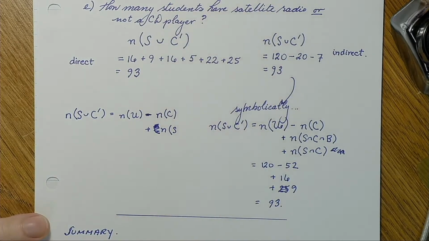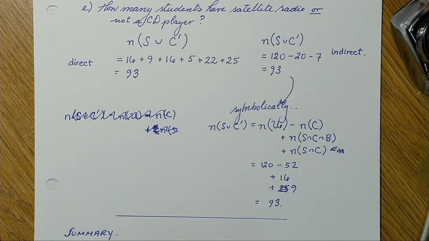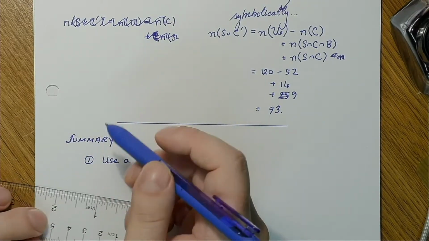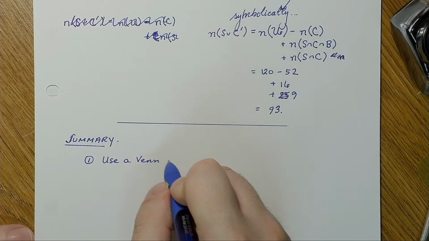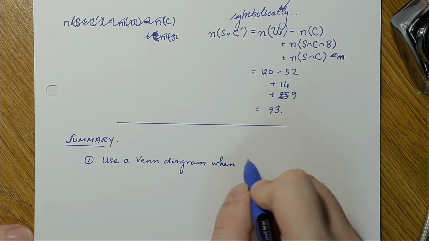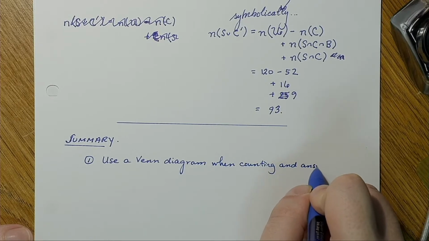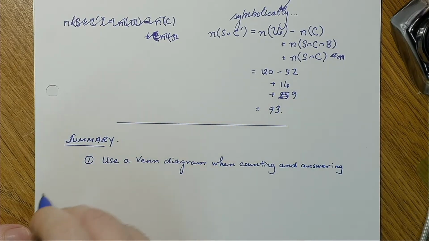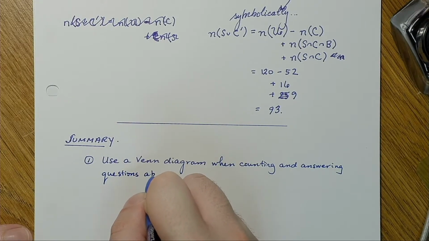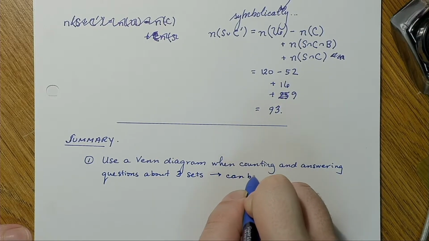Okay, can you just rewrite what you had written? Just put that in the comments while I try to finish up the summary, and then we'll check. So, using a Venn diagram when answering questions about 3 sets can be easier.